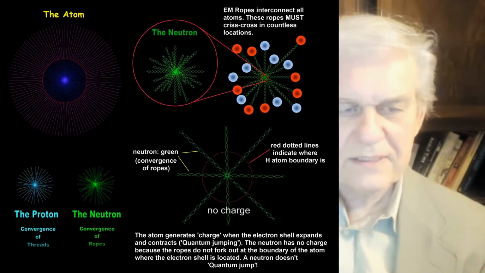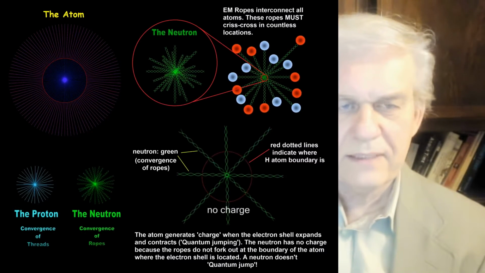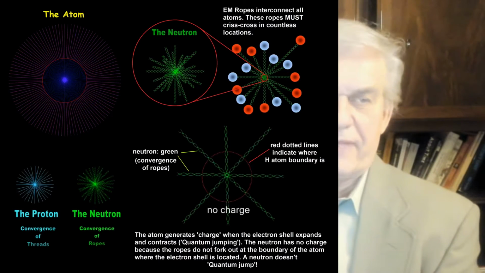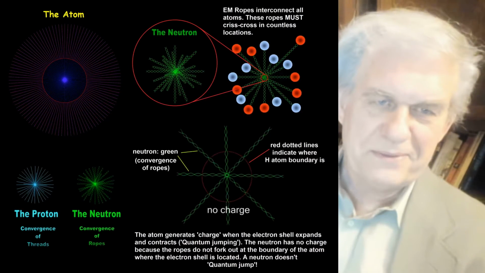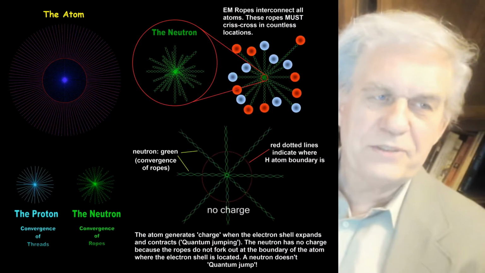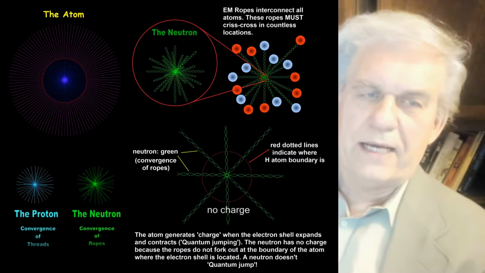We started with this, just a kind of summary of how the rope model handles the neutron. And we started with the atom on the left-hand side, always the hydrogen atom. We want to go really slowly, go easy on ourselves. So we start with the hydrogen atom there, and the neutron is on the right-hand side.